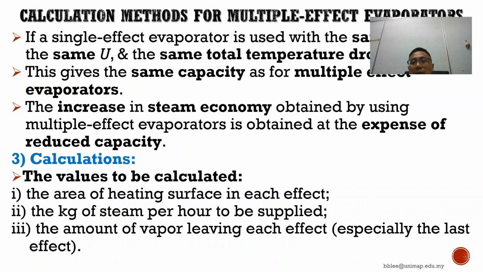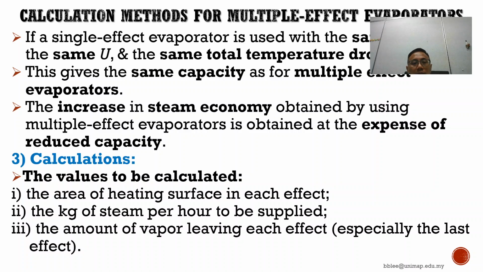The increase in steam economy obtained by using multiple effect evaporators is obtained at the expense of reduced capacity. So we can actually make it a smaller size, and we can improve the steam economy, reduce the steam cost. This is the advantage of multi-effect evaporators.